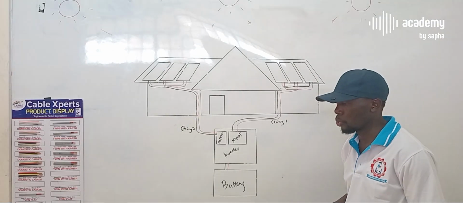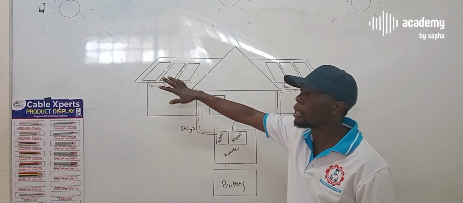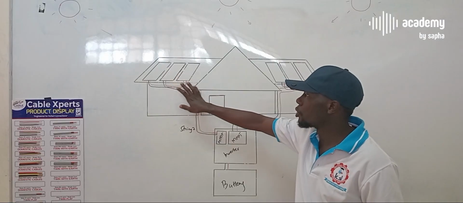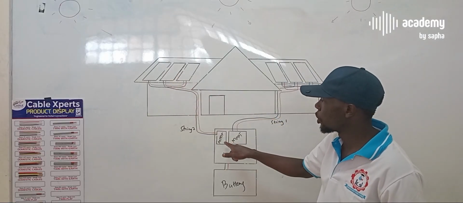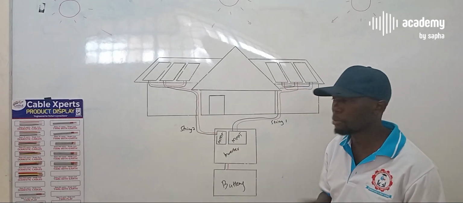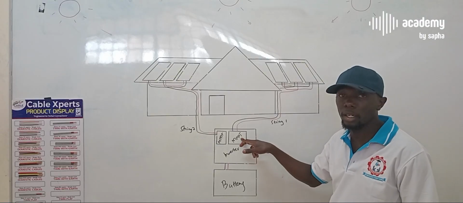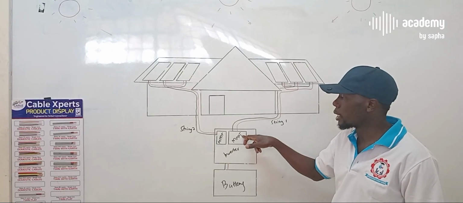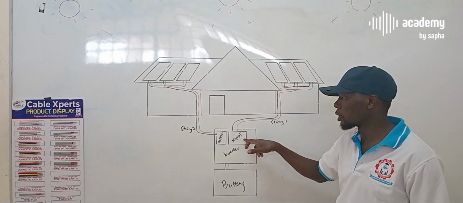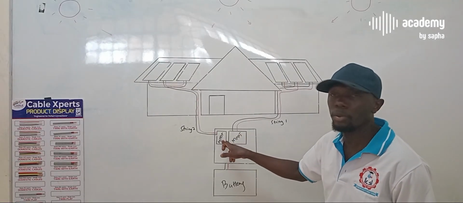For example, this is string 2, this is string 1. String 1 goes into the inverter at its own intake point, and that string is connected to an MPPT. Now, this MPPT is separate from this one.